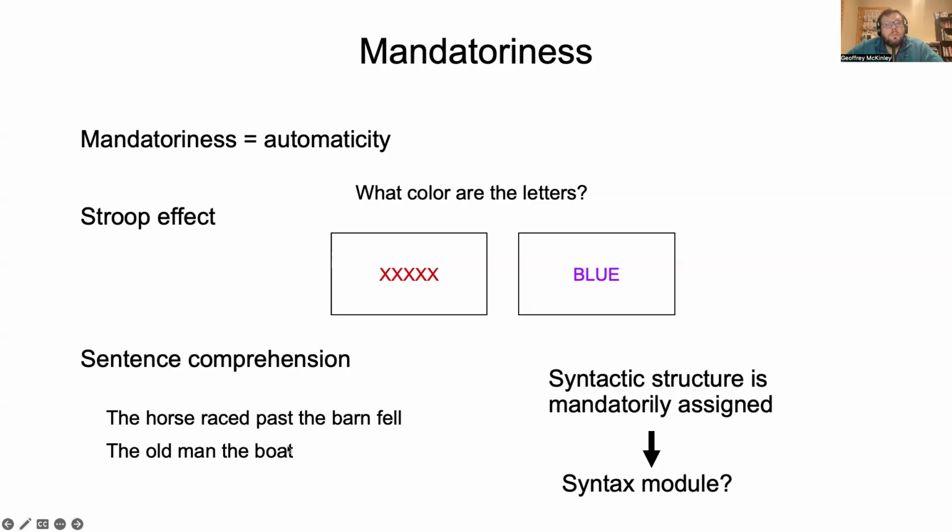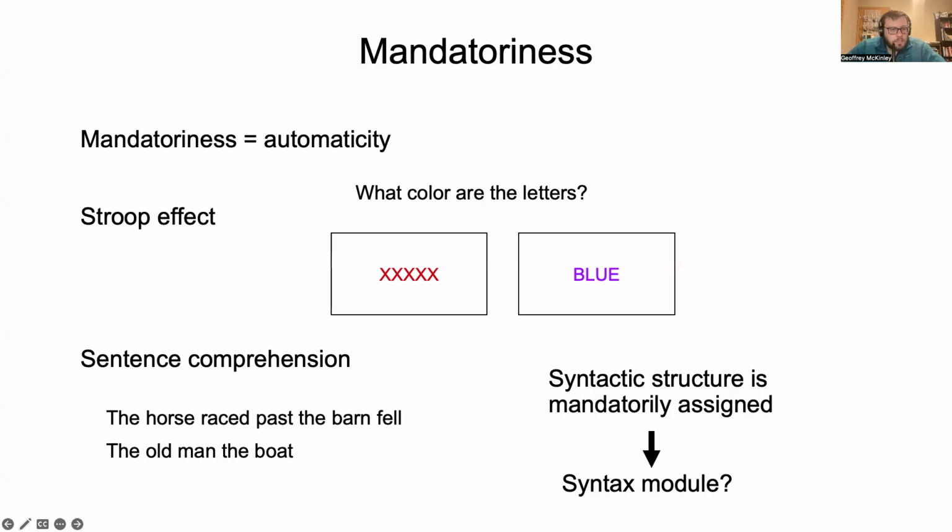But the point is that you're automatically assigning the old man to be the noun phrase. So you're figuring out what the grammatical structure of the sentence is. And sometimes that can get you into trouble if it's a garden path sentence because the syntactic structure is a little awkward. And we're going to talk about that more in a little bit.